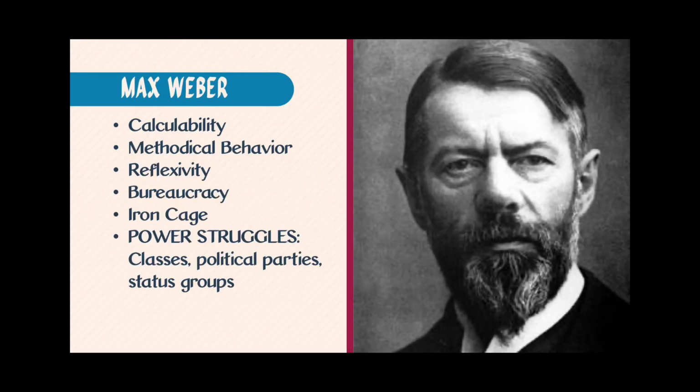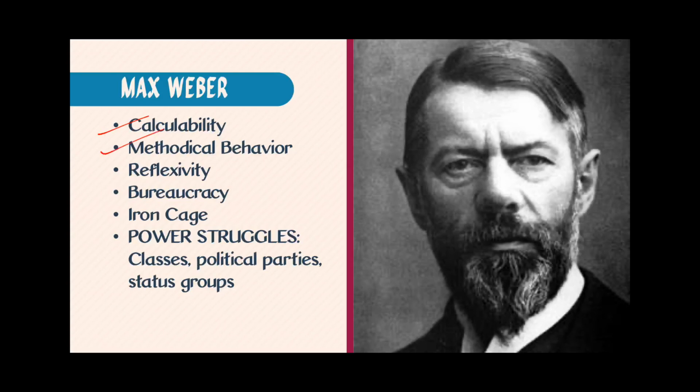And of course, another theorist that was explained, and one of the important theories of sociology, is Max Weber. Max Weber basically described modern society as being calculable, meaning we have become obsessed with numbers and measurements in our society nowadays.